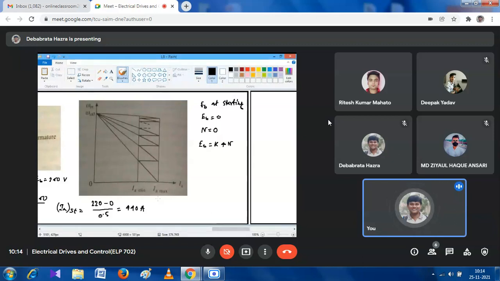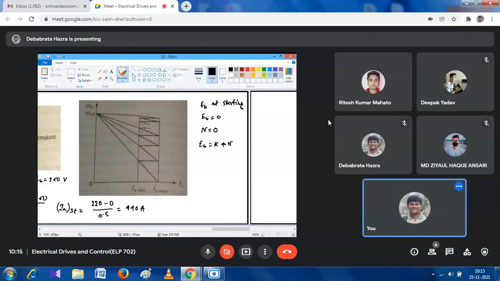What are the procedures by which we can limit the current in a path? Sir, adding a resistance. We can add resistance on that path.